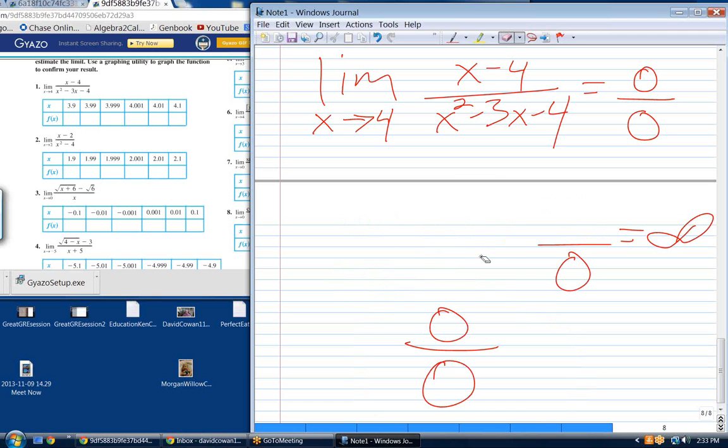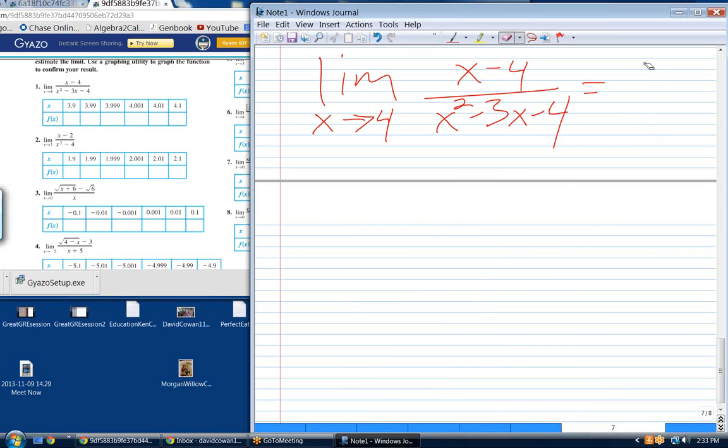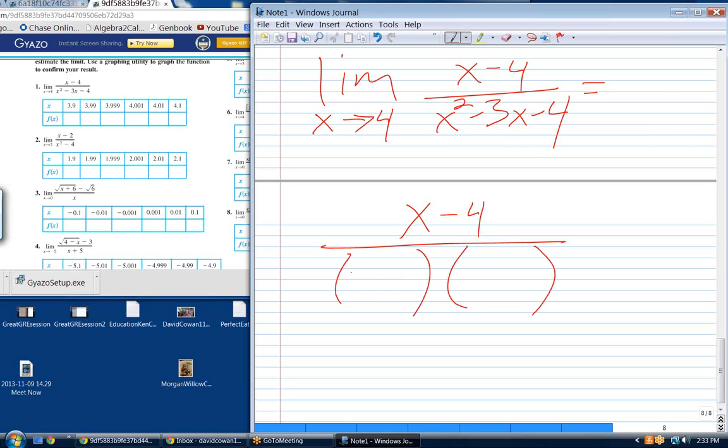What can we do to manipulate this function so that it won't come up to be 0 over 0? How about we factor the bottom? Whenever you see a quadratic, think factoring. How does that factor? That turns into x minus 4 times x plus 1.